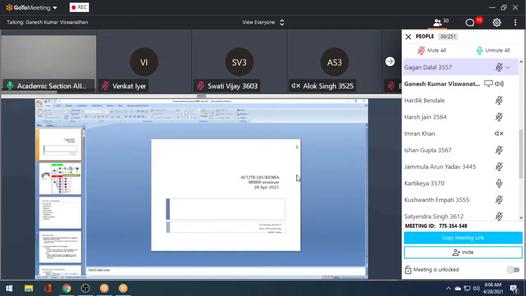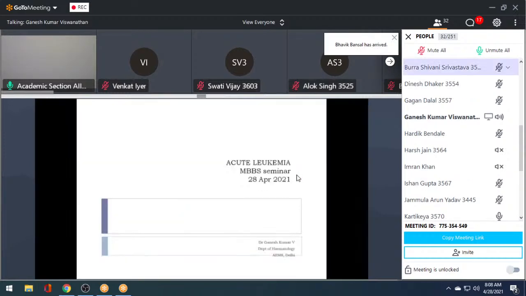So today's class is on acute leukemias, which are one of the commonest cancers seen in hematology practice. In this seminar, we will see the basic pathogenesis of acute leukemias, and then the classification of acute leukemias. Then we will try to understand how we diagnose acute leukemias in the laboratory.